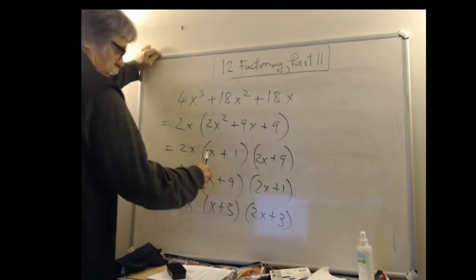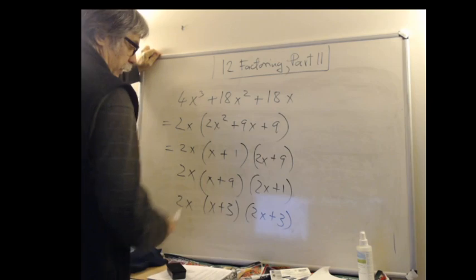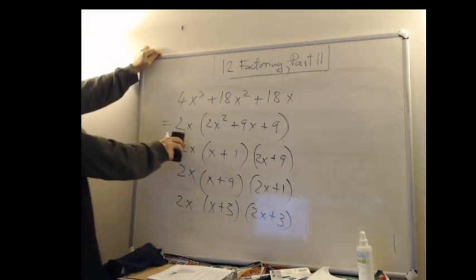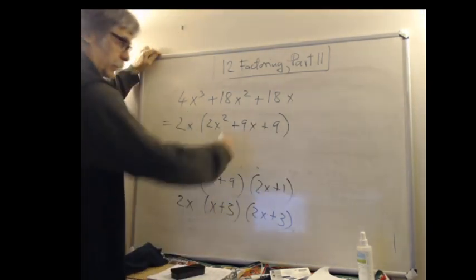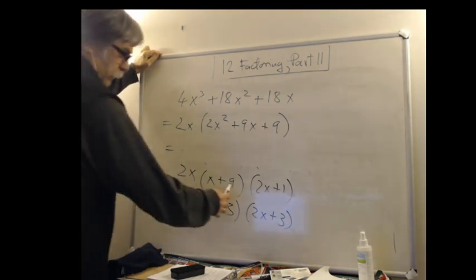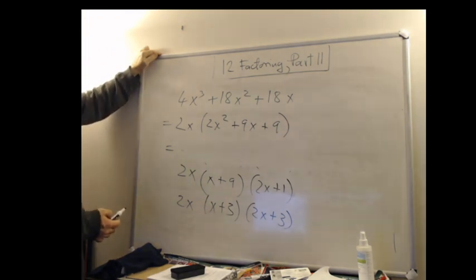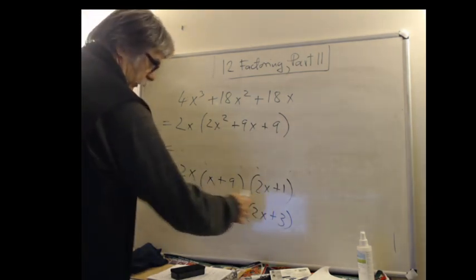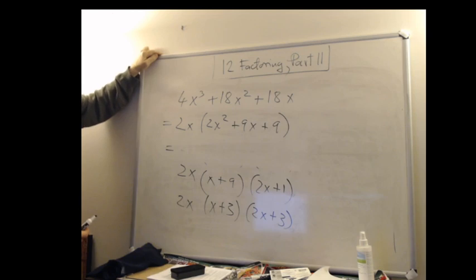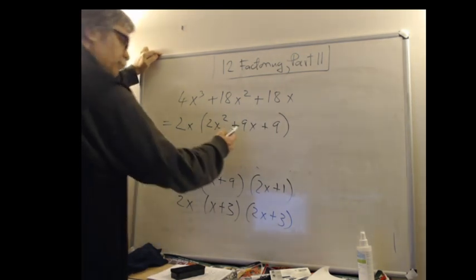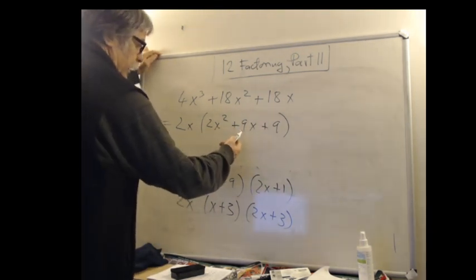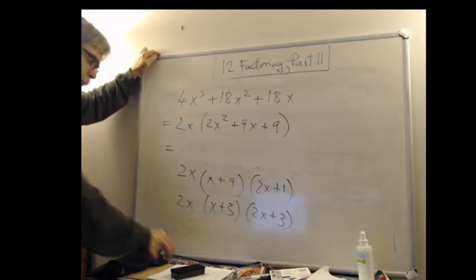The middle term check: 9x and 2x is 11x. 11x is not 9x, so this one doesn't work. I need a 9x. The next one is 18x, 1x. So I'm doing O and I, right? I, 18x, O, 1x. That's 19x. Kind of close, well, not really close. 19 is not 9, so this one doesn't work either.